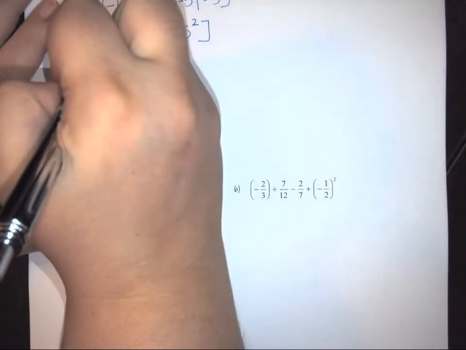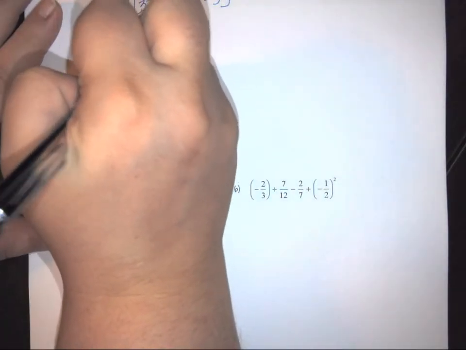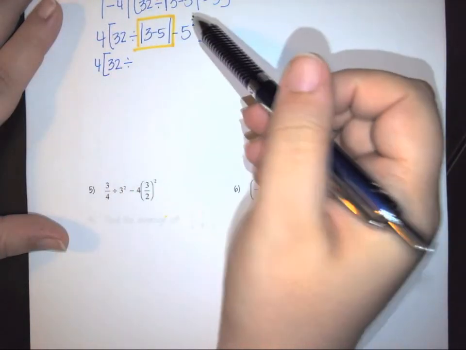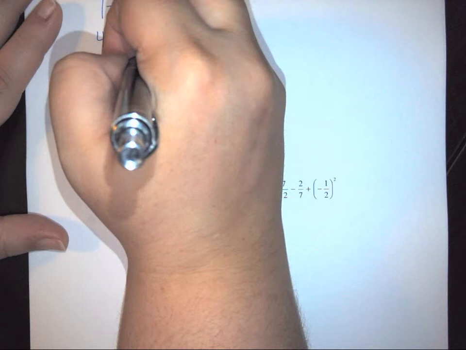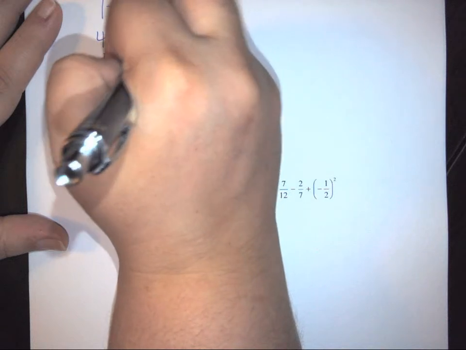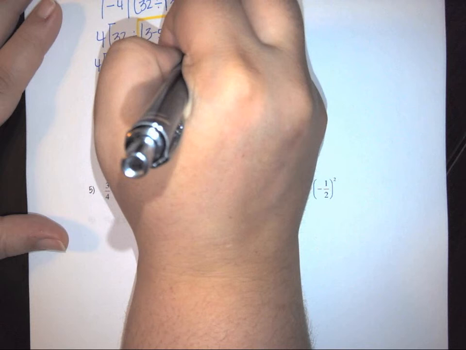So I'm going to have 4 times 32 divided by 3 minus 5, which gives you a negative 2. So this is the absolute value of negative 2, and then minus 5 squared.